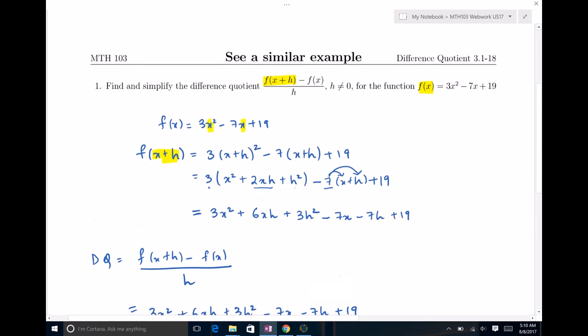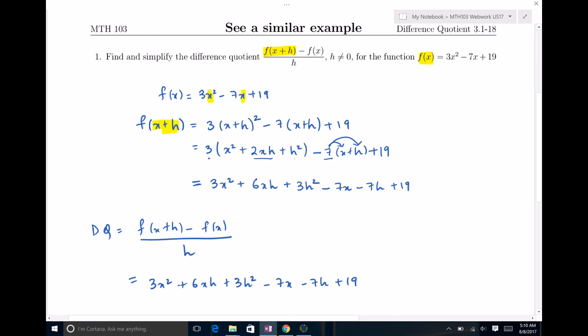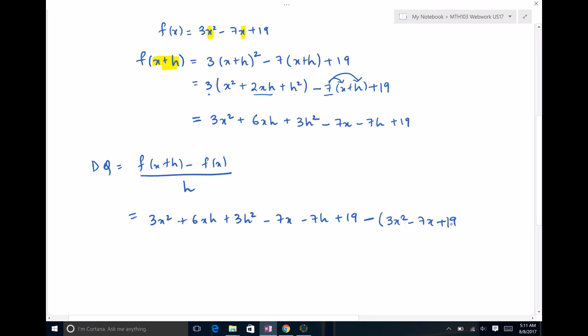And let's go back and see what f of x was. So f of x is, well, first of all, it's minus. So I put a big minus sign in the front. And then f of x is 3x squared minus 7x plus 19. And then I have this entire expression over h.